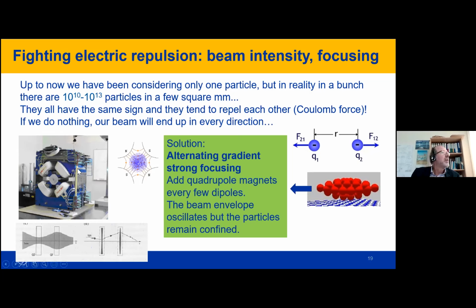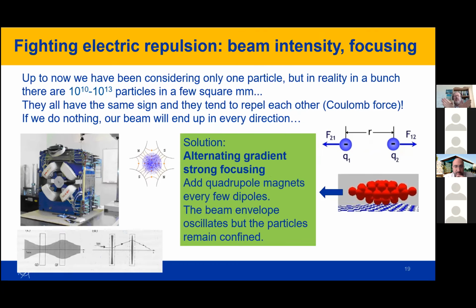This is a photo of a quadrupole, and here you see the quadrupole field. What does a quadrupole do to a particle beam? Basically, it focuses in one plane and defocuses in the other plane.